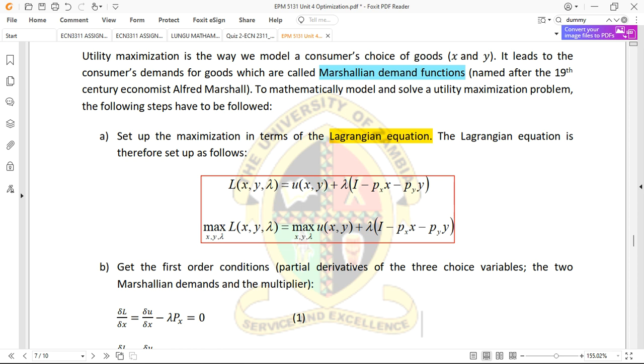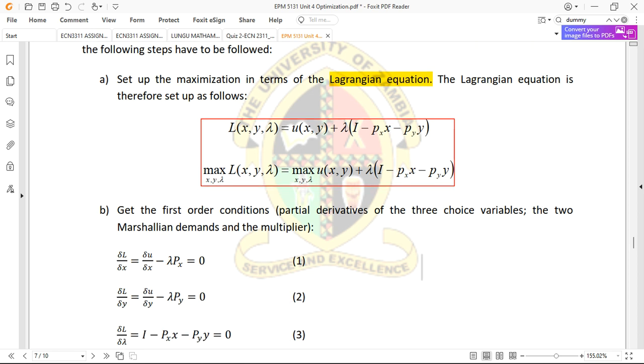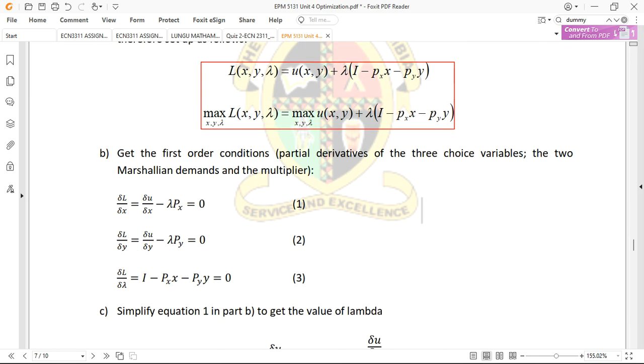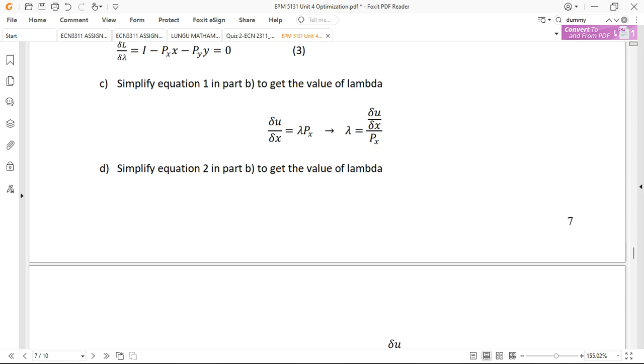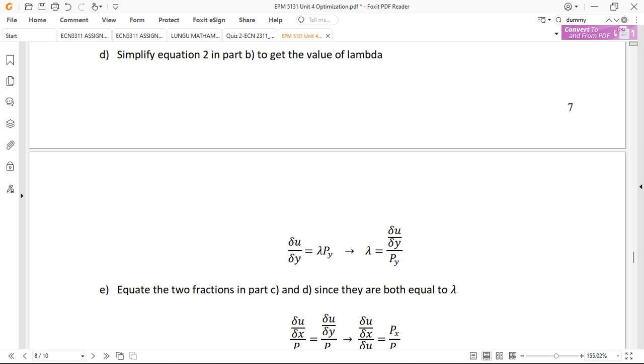How do you maximize it? You find the first order conditions with respect to x and y, and you make lambda the subject from the x equation and from the y equation.